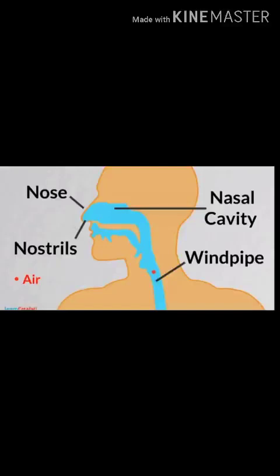Mucus is secreted by the inner lining of the nose. The air becomes warm by the blood circulating in the nose, and the mucus and the hair present inside our nose trap the dirt from the air, dust particles and disease causing germs, and so prevent them from entering the respiratory system.